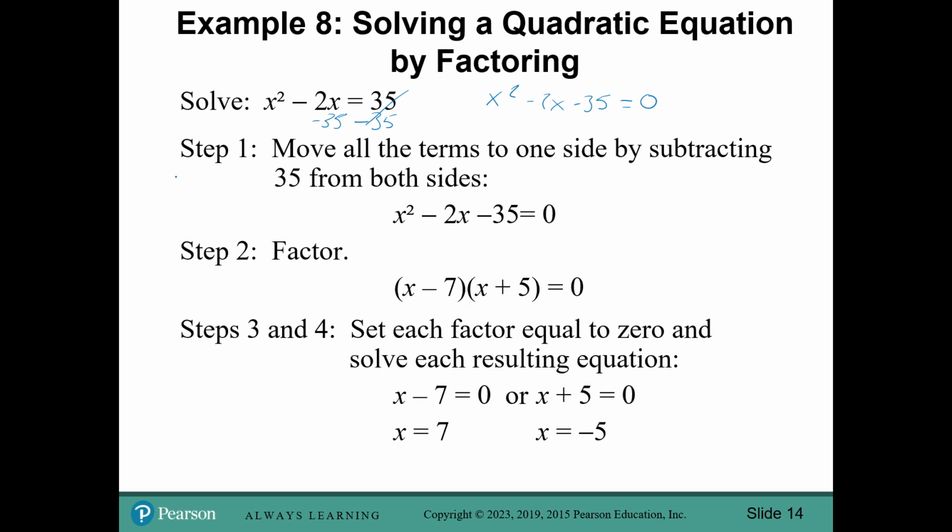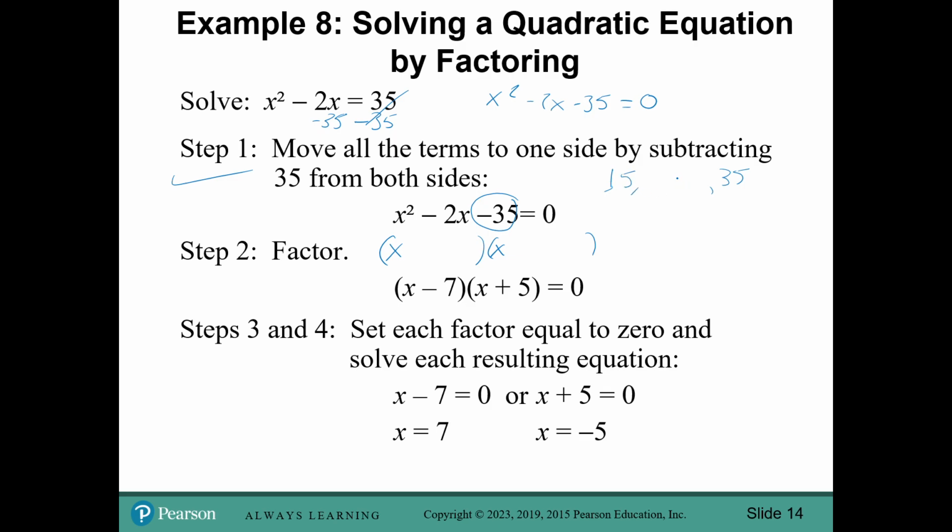Okay, so we've done step 1. Step 2, we want to factor. Now because I have a 1 out in front of my x squared, I can just start my factoring out with an x and an x. Simple, easy. Then I look at the last term here, the negative 35, and I look at the factors of 35 that could add or subtract together to be negative 2. I'm looking at 1 and 35. That's not going to do it. 2 doesn't go into 35, 3 doesn't go into 35, 4 doesn't go into 35, but 5 does.